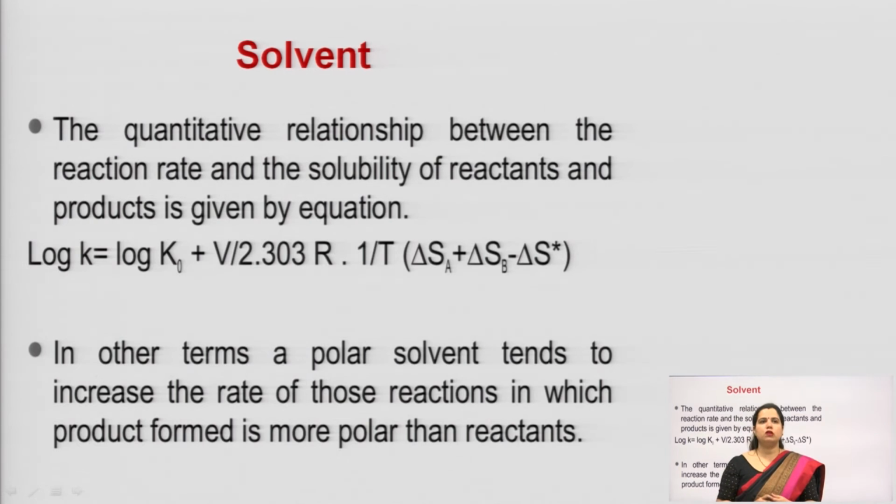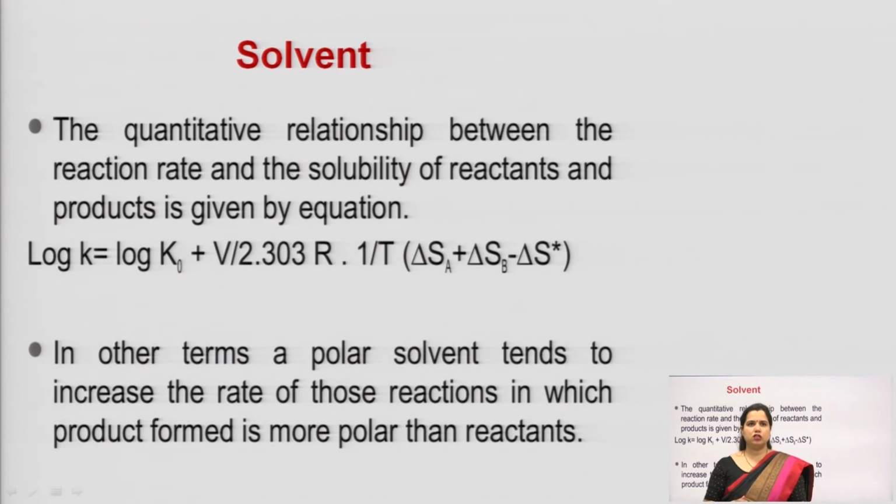Now, we will talk about solvent. The quantitative relationship between the reaction rate and the solubility of reactants and products is given by an equation. So, there is a quantitative relationship between the reaction rate and the solubility of the reactants and the resultant product, because the more the reactants get solubilized within the system, the more they will give the optimum value of the end product.